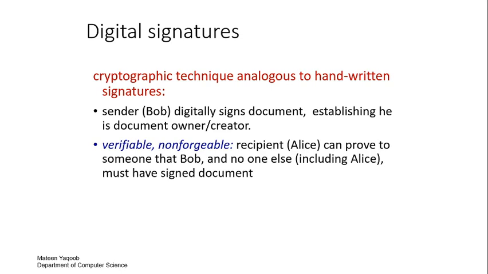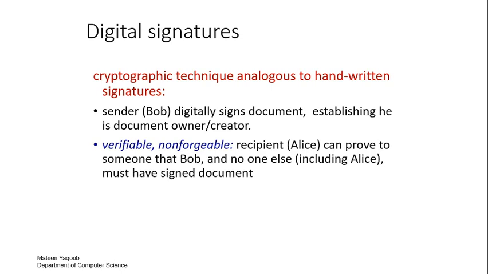Yes, digital signatures are verifiable and non-forgeable. For example, the recipient Alice can prove to someone that Bob, and no one else, including Alice, must have signed the document because of the digital signature used by Bob. So digital signatures are a unique identifier used to ensure that this document was created by the owner.